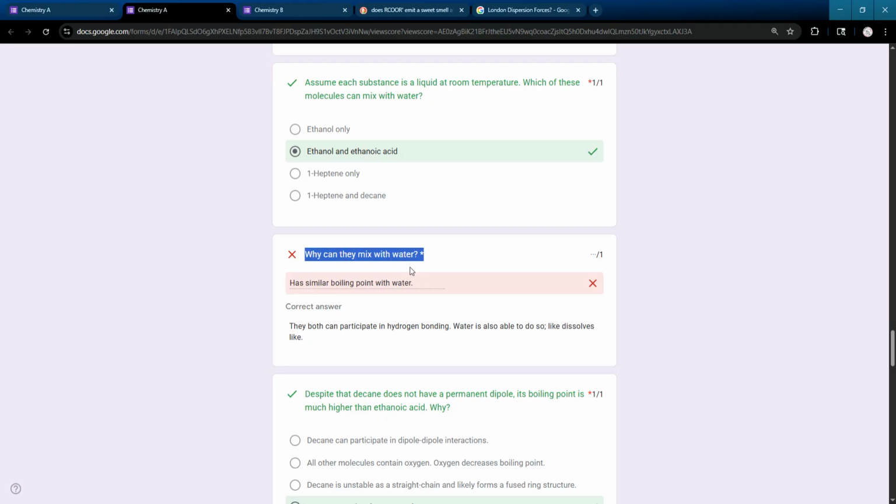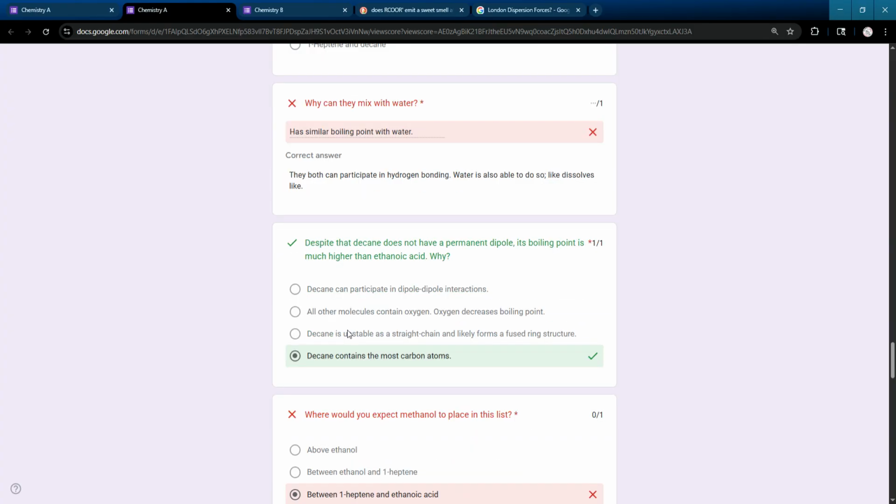Why can they mix with water? They both can participate in hydrogen bonding. Water is also able to do so, like dissolves like. Most carbon atoms.